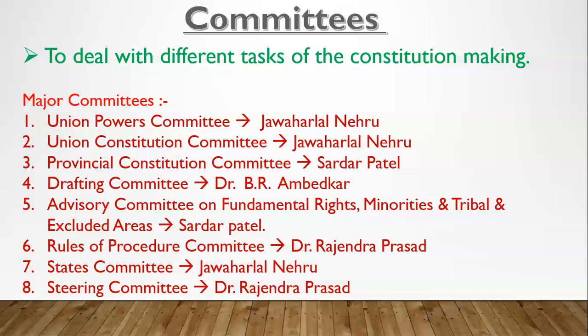For example, there was a task to decide what power should be given to the center, what power should be given to provinces, which fundamental rights should be given to the people of India. So different tasks were handed over to different committees, and these committees were known as constitutional committees or the committees of the constituent assembly.